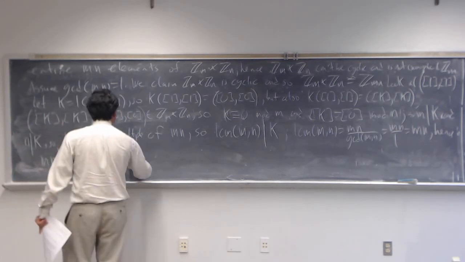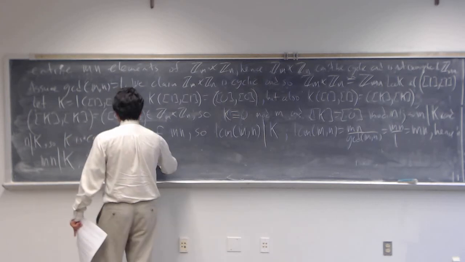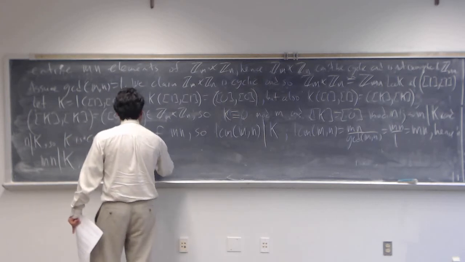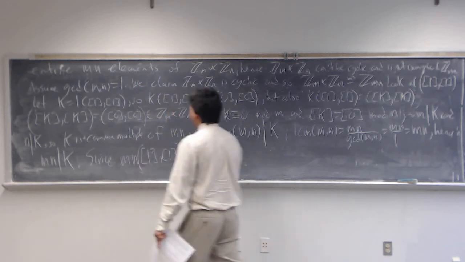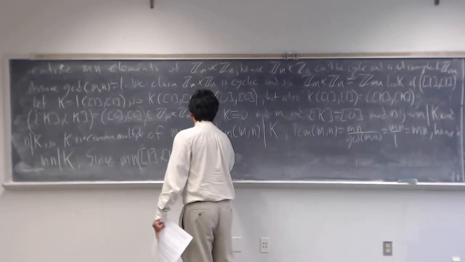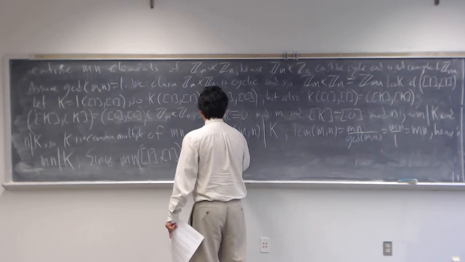Since n times (1, 1) would equal what? You can think of this as n times m, or even both, just mn.